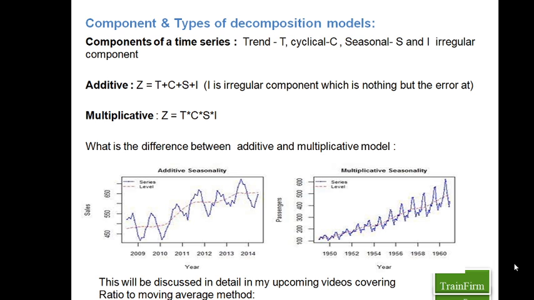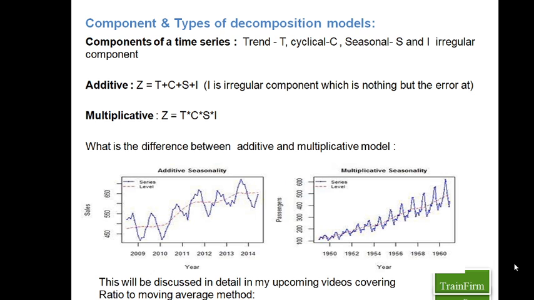One is the trend component, which we denote by T. The second one is the seasonality component, denoted by S. Then you have the cyclical component denoted by C, and finally the irregular component or the error component, which we generally denote by I. So these are the 4 basic components of a time series, right? And then you have different types of decomposition models, which we have to select before we get started with our analysis.